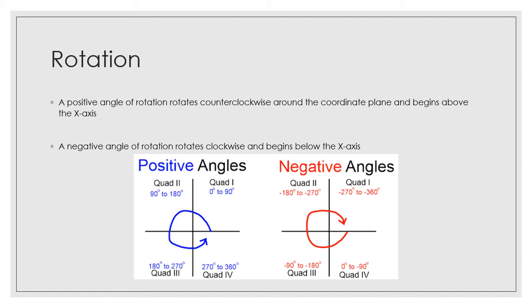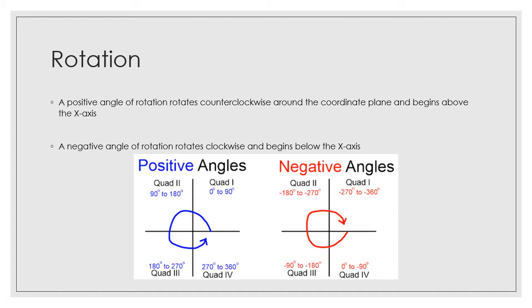So when we're talking about rotating these angles around, we have positive and negative angles of rotation. So if I'm talking about a positive angle of rotation, that means that my terminal side is going to be rotating counterclockwise around the coordinate plane, and it starts above the x-axis. So that is in this visual right on the left.